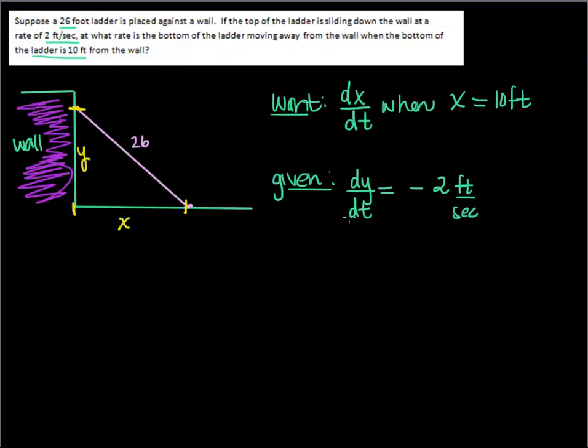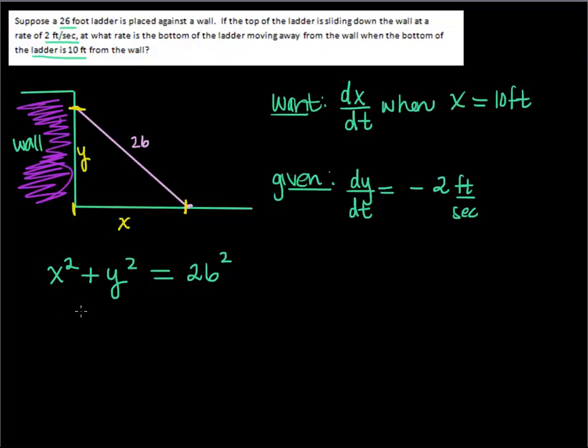Now I need some way to relate my variables together. So the way we're going to do this, because this is always the way we do this when we deal with right triangles and we're living in perfect math world, is I know x squared plus y squared equals 26 squared. And this is going to be what I'm going to use to take the derivative. So let's square 26.